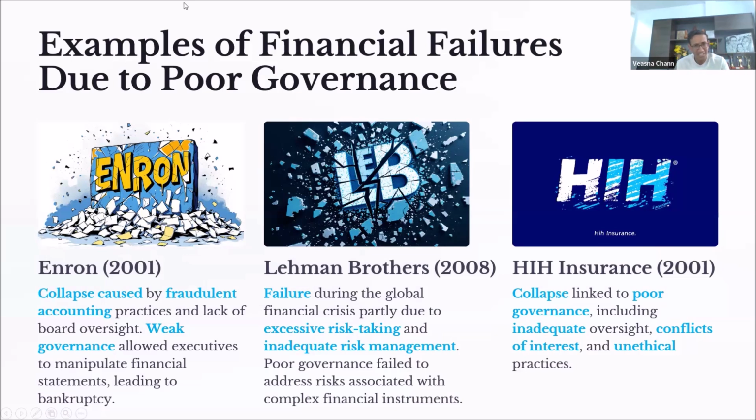For example, in the Enron case, the failure was because of governance that allowed executives to manipulate the financial statements, leading to bankruptcy. Especially in Cambodia for crowdfunding platforms, don't say the name of the institution, but please talk about the crowdfunding platform.